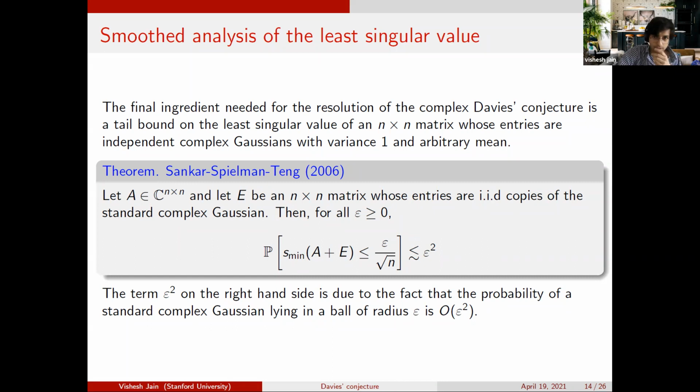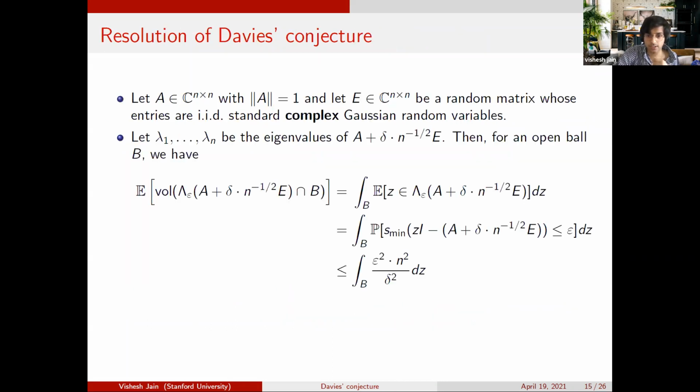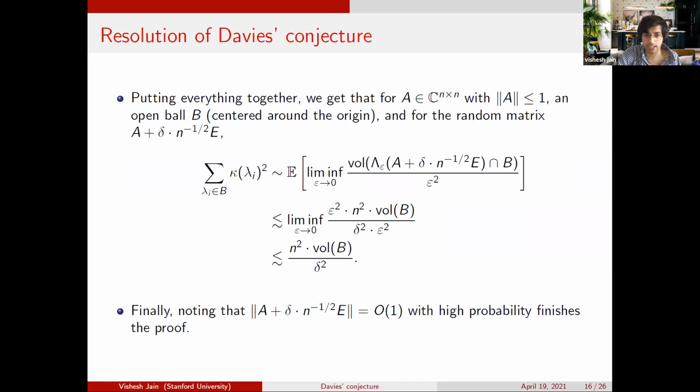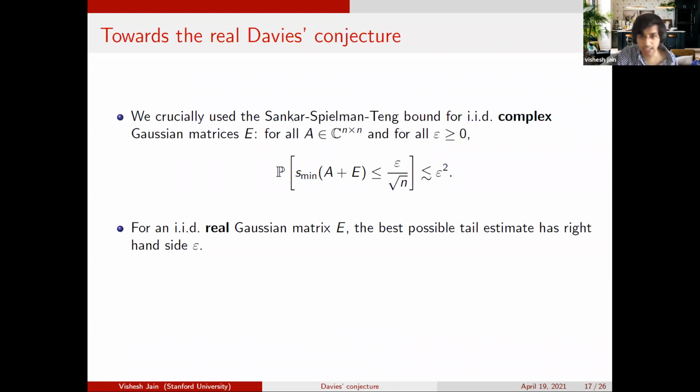Okay, so moving on. You can anticipate what's coming here: as I've been emphasizing, the crucial random matrix theory fact used here was the tail estimate on the smallest singular value in the smoothed analysis setting.